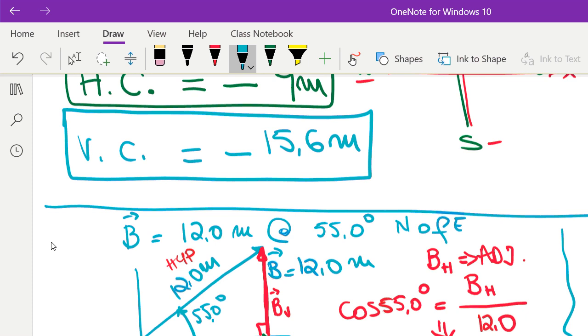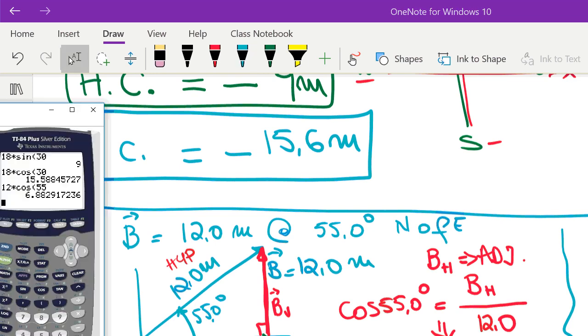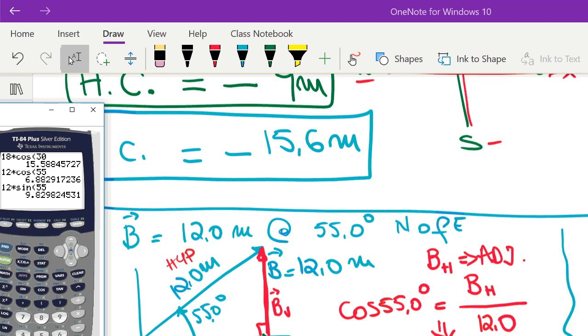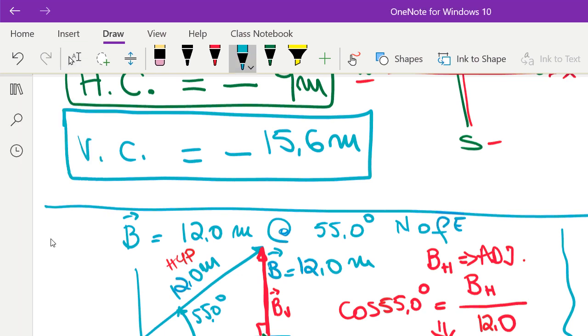From here, the vertical component will be 12 times sine 55 degrees. If you use a calculator, please make sure that the calculator mode is on degrees. It will be 9.8, but not simply 9.8, it will be positive 9.8 meters.